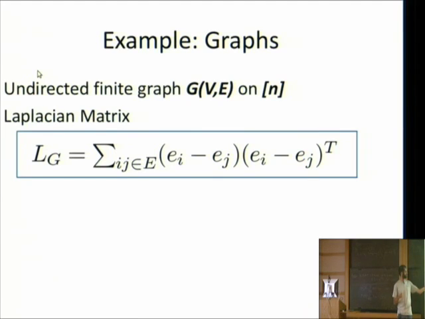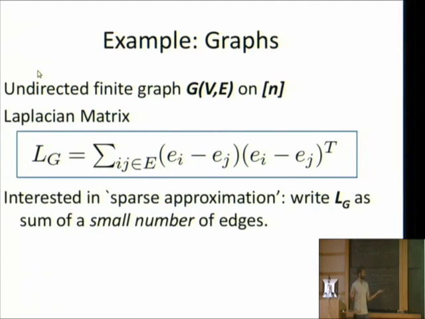The outer products are just (e_i minus e_j)(e_i minus e_j) transpose, where e_i is the standard vector with a 1 in position i. Suppose I'm interested in the following sparse approximation problem for a graph. You give me a graph, and it has some Laplacian, and now I want to write this Laplacian as the Laplacian of a graph with far fewer edges.